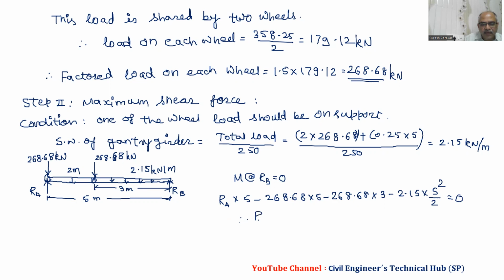And we will get, therefore, the value of RA equal to 435.29 kilonewton. And therefore, we have maximum shear force equal to 435.29 kilonewtons.